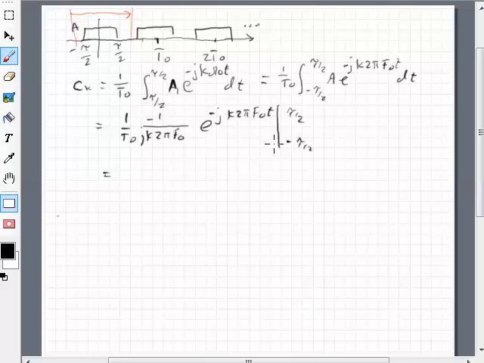And then, recognizing we had a minus sign there, we might as well integrate the bottom limit first and then the top limit. So we get 1 over t0 times j k 2 pi f naught, and then we get e to the j k 2 pi f naught tau over 2 minus e to the minus j k 2 pi f naught tau over 2.